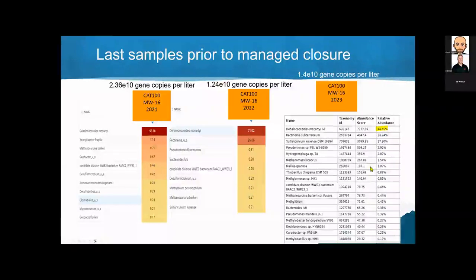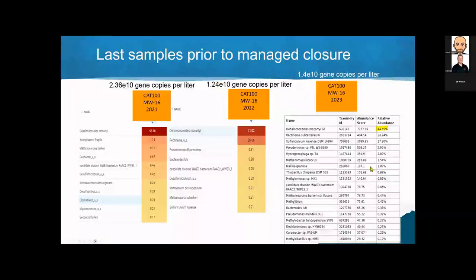Now, in 2023, we collected more data. I didn't have time to put it in the same format, but let's look at it. The 2021 monitoring well 16 data were 95% Dehalococcoides mccartyi. We're at 2.3 e to the 10th gene copies per liter. In 22, we've dropped down to 71%, but we have other microbes present also.